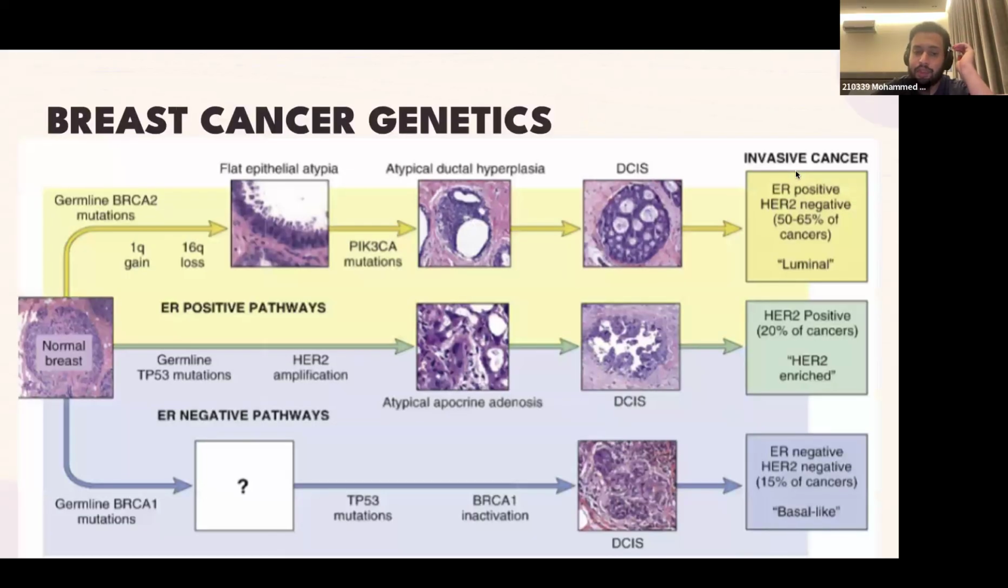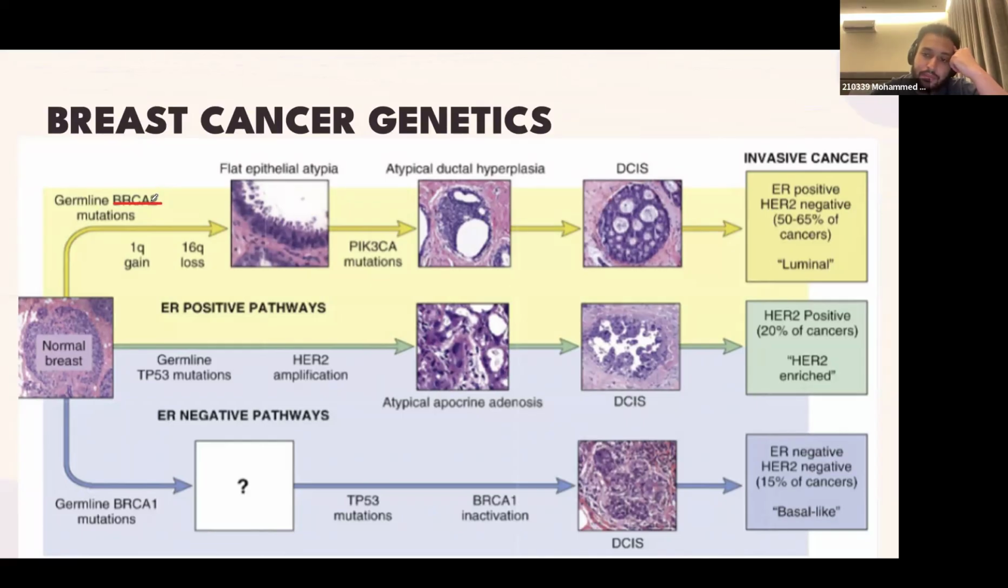Okay, phylloides. Now, for breast cancer, it's very important to remember two genes, BRCA1 and BRCA2. And lastly, you need to remember estrogen and HER2 positivity. Why are estrogen and HER2 very important? Because of treatment, and how severe the disease is. Let's talk about this. If someone has a BRCA2 mutation, will they have estrogen receptor positive or negative?